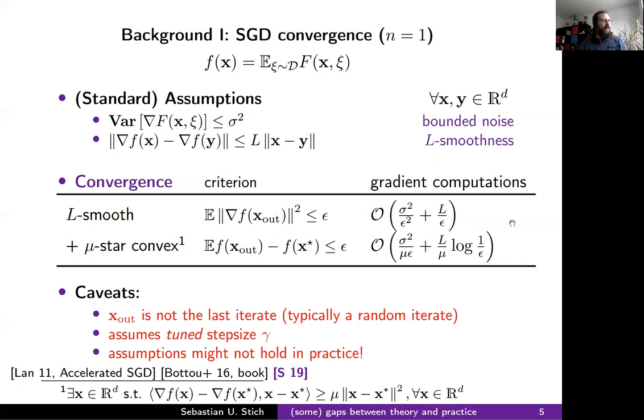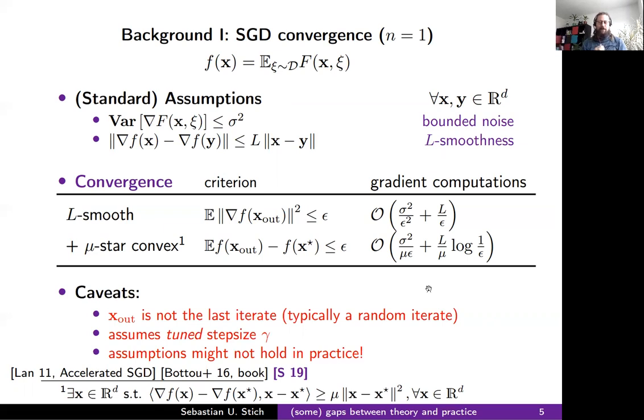So if you see a result of this form, you should keep in mind that very often we give these results for very specific outputs of the algorithm. Here, the output might be different from the last iterate that you might use in practice.